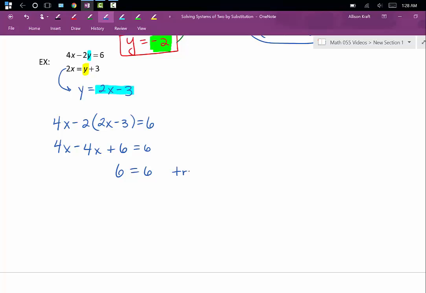This is a true statement. Anytime you're solving a linear equation in one variable and you get a true statement, that means that there is an infinite number of solutions. If we were to graph these two lines, they would overlap each other.